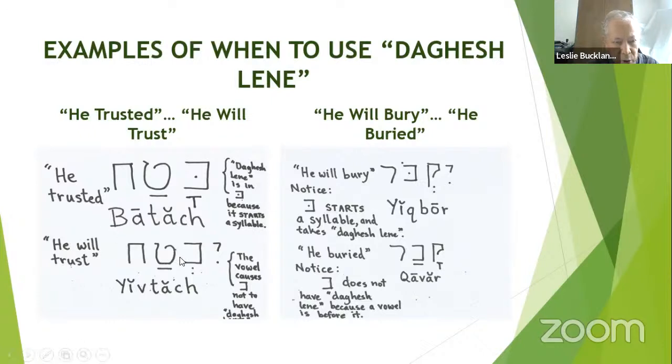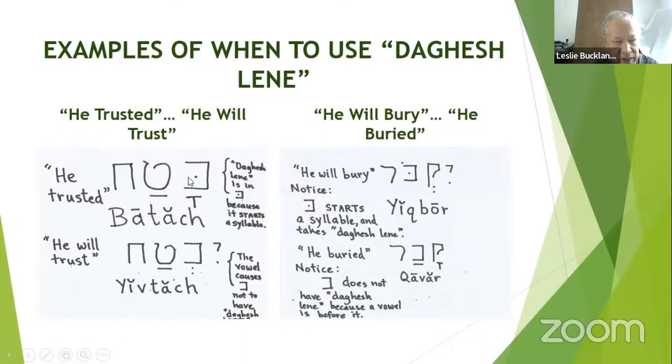Notice also below, there is yivtak. Now this is the same verb, but it is in the imperfect tense here. This is in the perfect tense, this is in the imperfect tense, and it's pronounced yivtak.